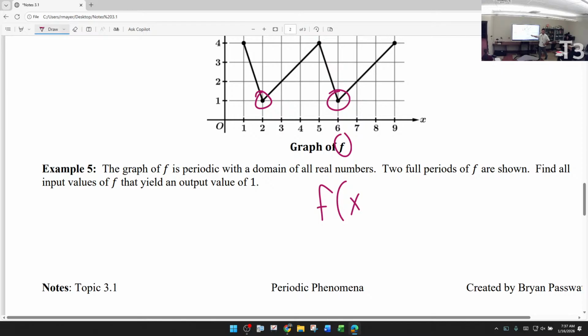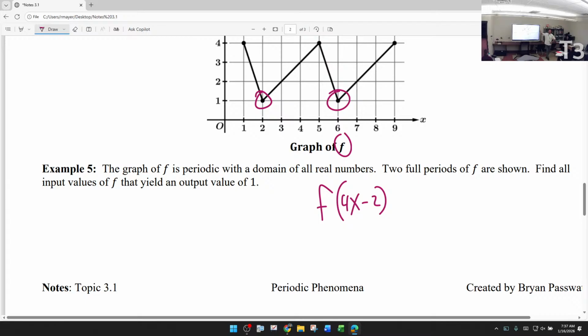Somebody? You want to do 4x minus 2? If I plug in 1, do I yield a 1? If I plug in a 2, do I yield a 2? Oh, sorry, a 1.